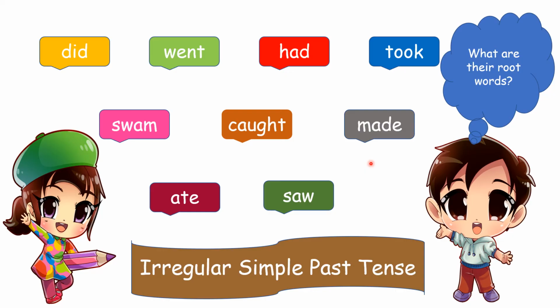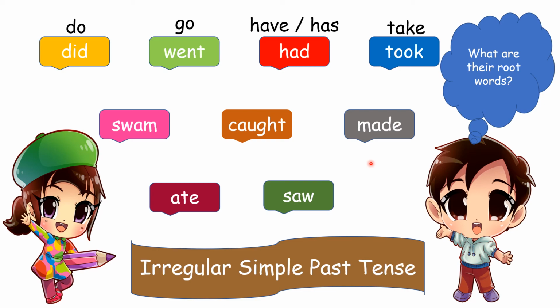The past tense did came from the word do. Whereas the past tense went, it came from the word go. The past tense had came from the word have or has. Next, the word took. It came from the word take.